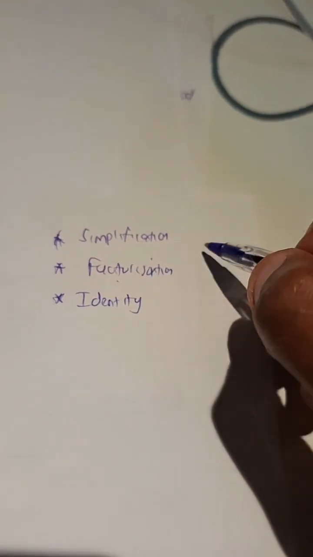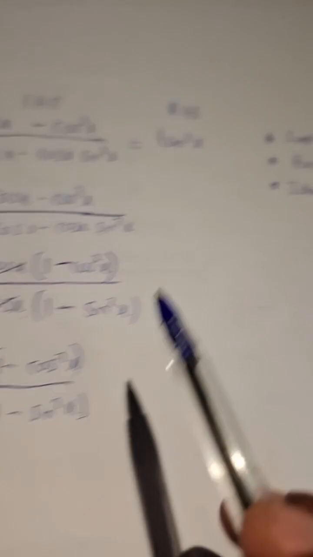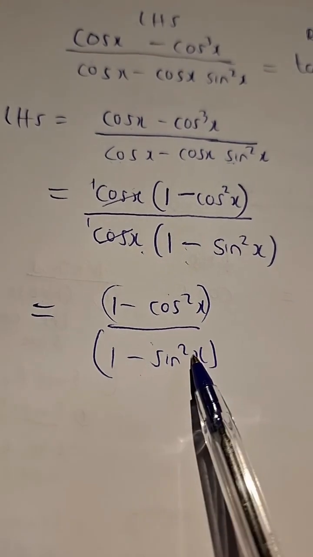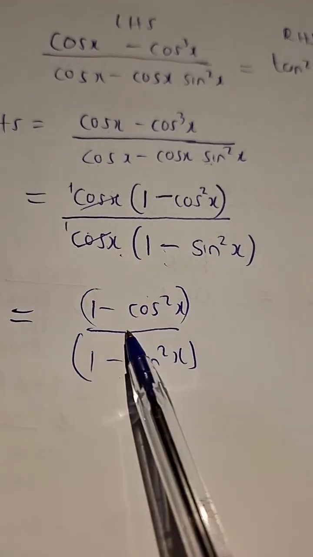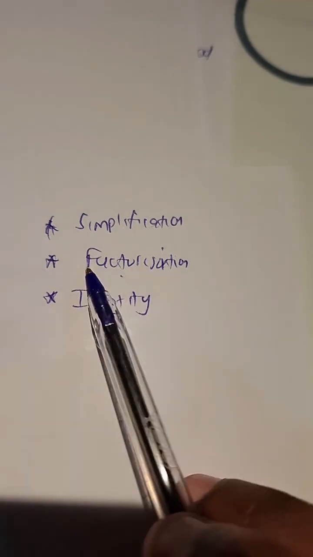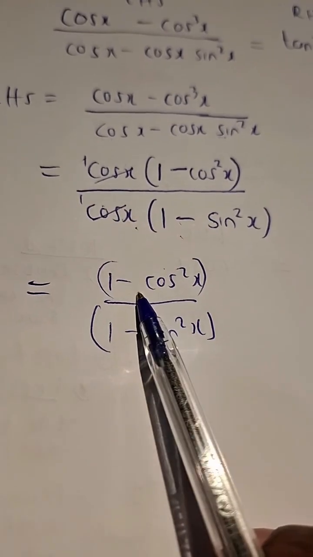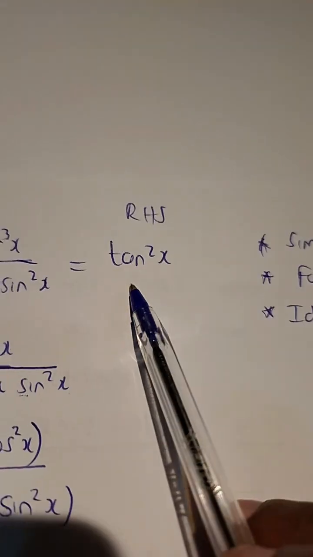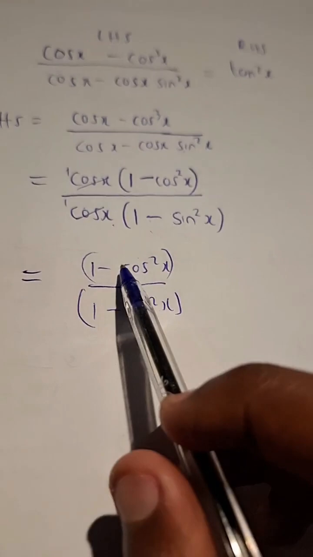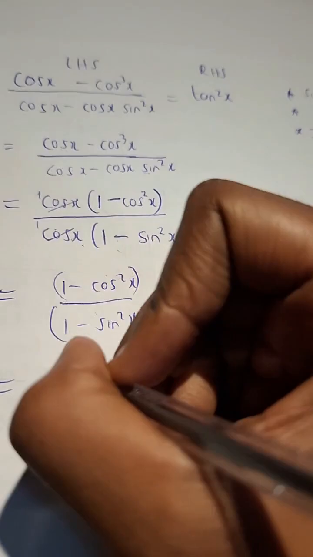Do we have any further factorization? For the purpose of this problem, no. So the factorization strategy is out. Do we have any identities? Look at the numerator, look at the denominator, and look at your answer that you want. So 1 minus cos squared x is the identity sine squared x.